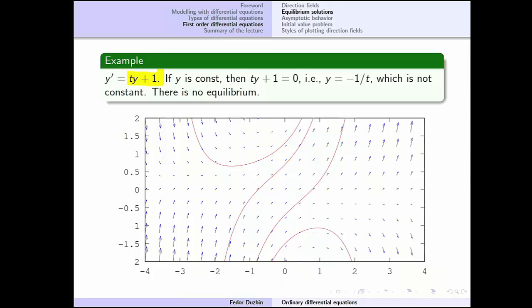So both t and y are involved. If y were constant, then the left-hand side would be 0, because the derivative of a constant is 0. But then we would get a contradiction, because solving the right-hand side equal to 0, we do not get a constant. So sometimes there is no equilibrium solution.